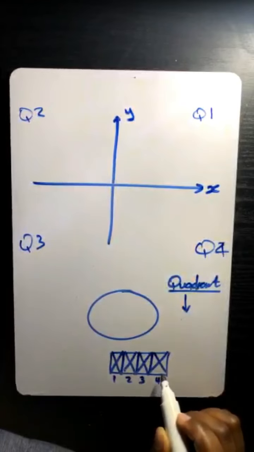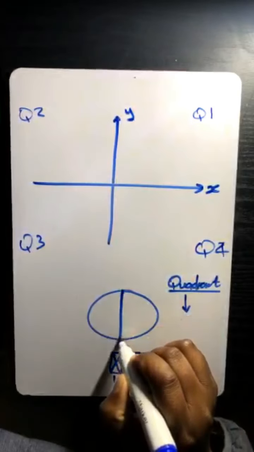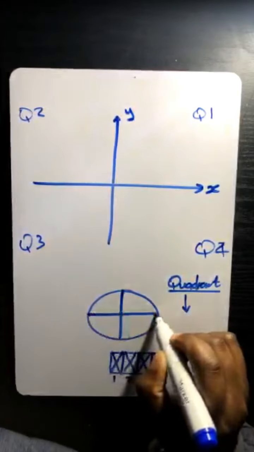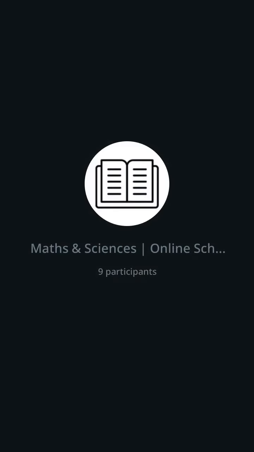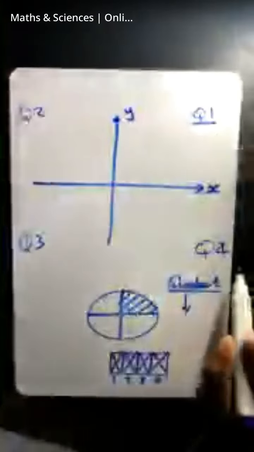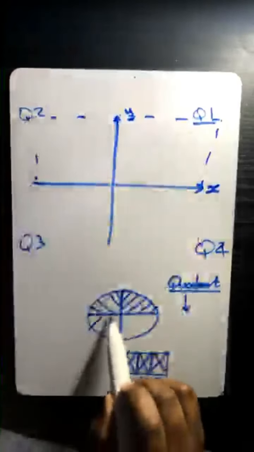Also, when it comes to the Cartesian plane, this pizza, you can cut it into half and then another half. Then can you see, this is a quarter, which is what we call quadrant number 1. This is quarter number 2, it is that. This is quarter number 3, it is that.